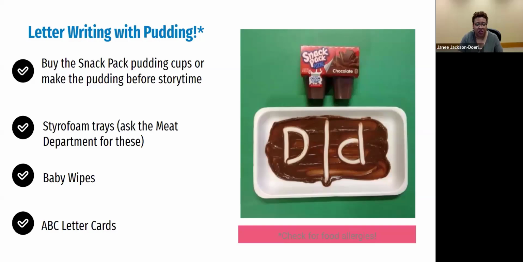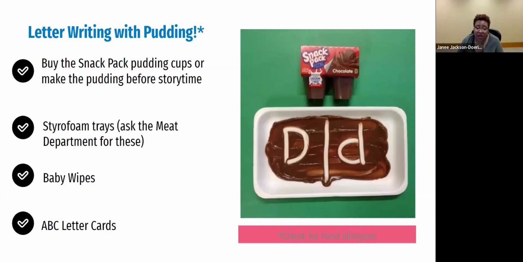Basically, you put the pudding on the styrofoam tray. You can have the caregiver hold different ABC letter cards, and the children just trace the letters in pudding. So making the letter D, a big D and a little d, or an A, a big A and a little a.